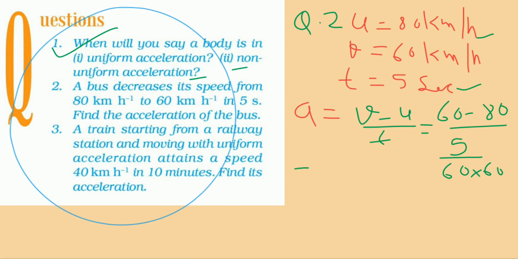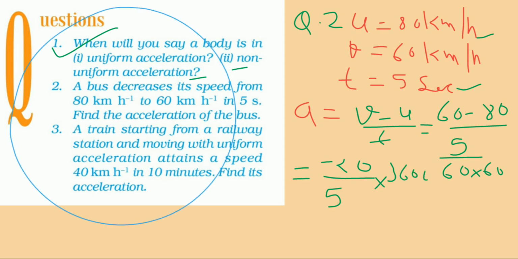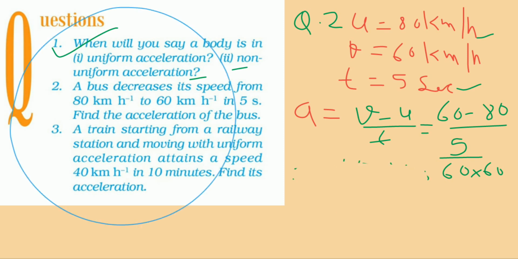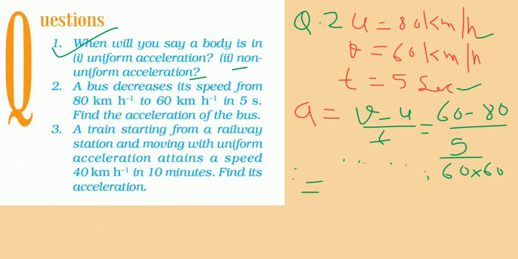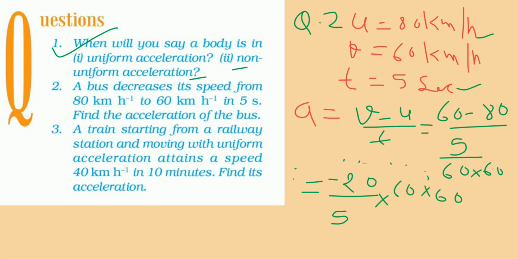So we can write 60 minus 80 becomes minus 20, by 5 into 60 into 60, that is 3600.